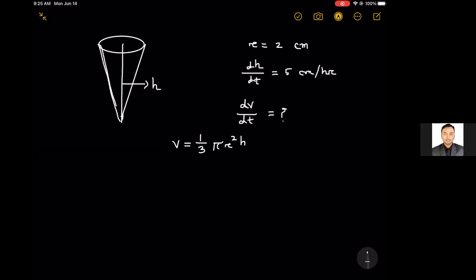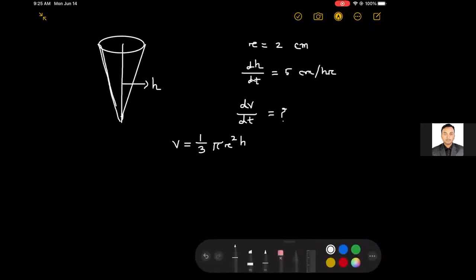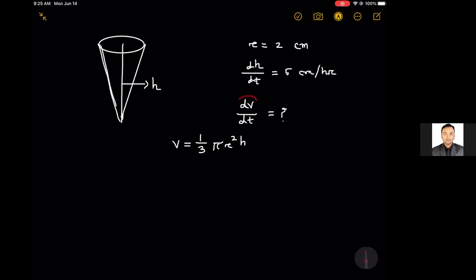Okay, so now let's look at the question. The question says, hey, find dv dt for me, right? I already have v. How can I get to dv dt from v? Can you imagine? Anyone? Now with the hint.